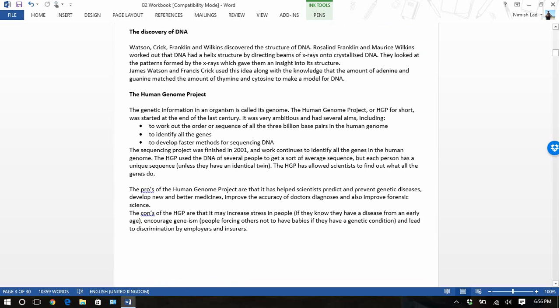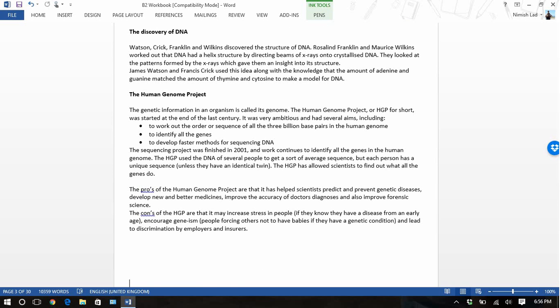So after all this understanding of DNA came about, the HGP came in, which was essentially a huge mapping program. It was the Human Genome Project. Genetic information in an organism is called a genome. The HGP started at the end of last century, so late 90s, and it's really ambitious.